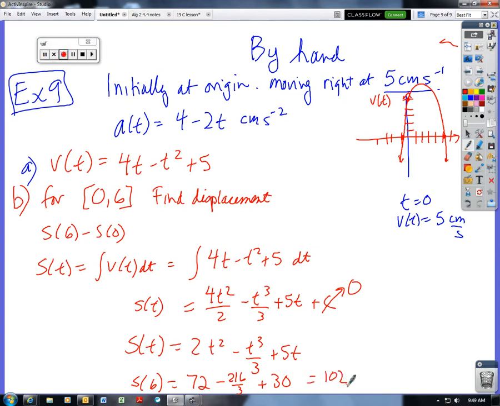I could have done that in my head anyway. Minus 216 thirds. I'll get a 3 and a 3. That's 306 thirds minus 216 thirds. 216 to 300 is 84 plus 6. That's 90 thirds, so divided by 3, that's 30.